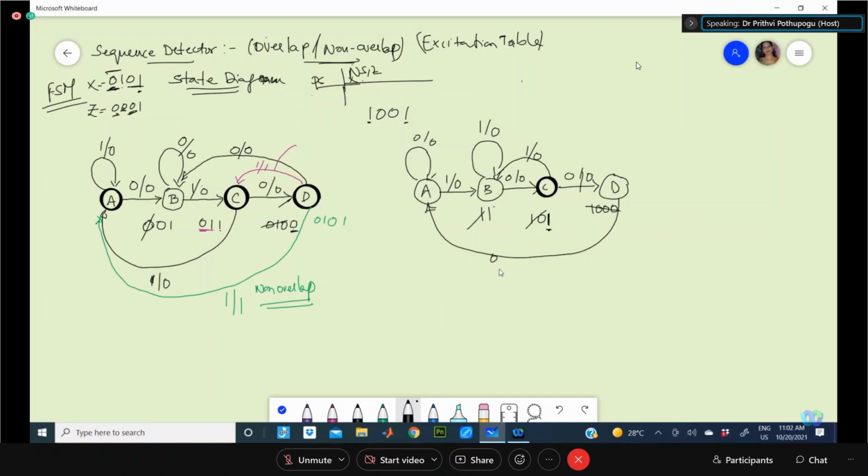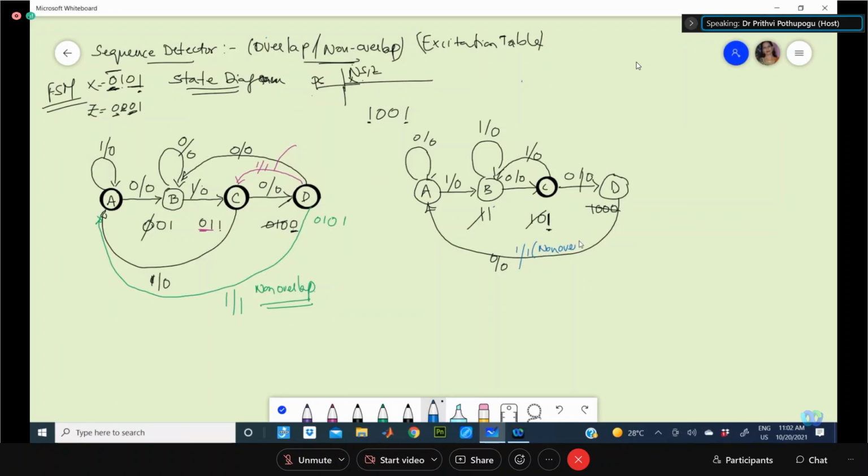Now 1 0 0 1, for non-overlapping, it should reset back and generate output 1. This is non-overlap. Same transition.